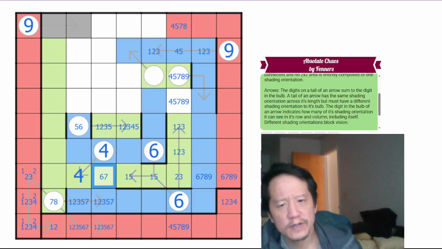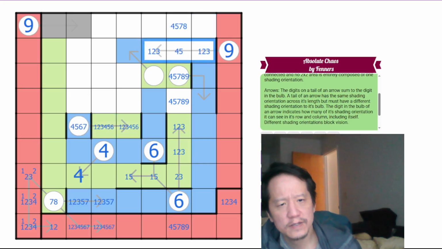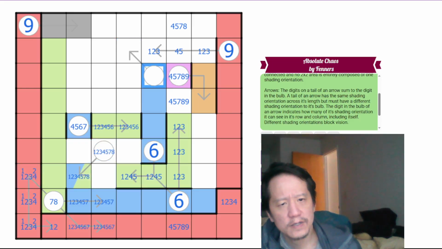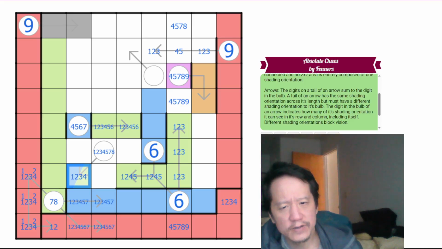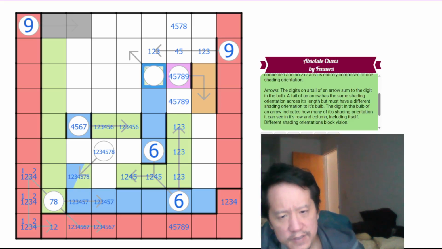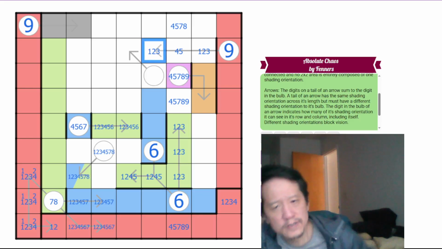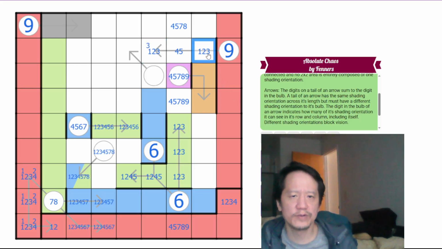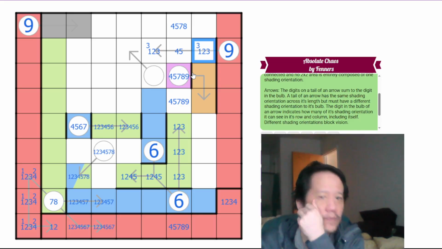I think so, right? It doesn't have a 6. It has to be 4 or 5 to add up to 9. Yeah, I think it has to guarantee to be 6. Sorry, 3 here. There has to be a 3 in one of these two spots.